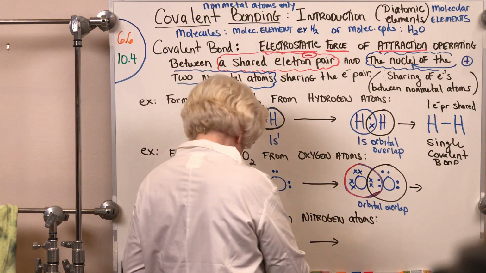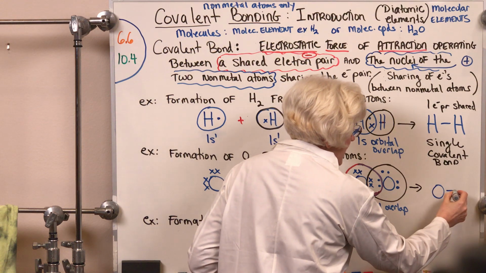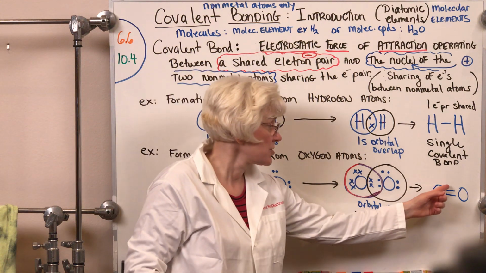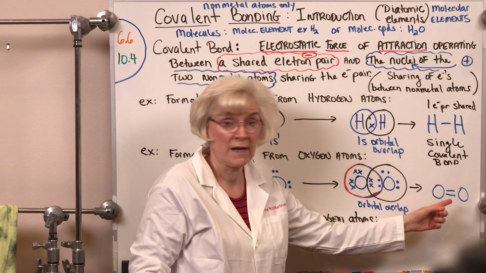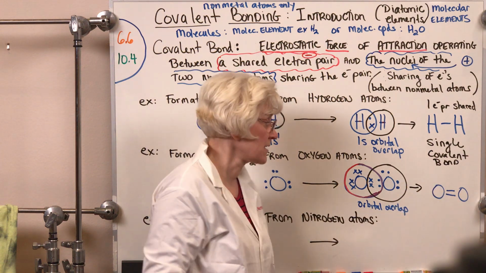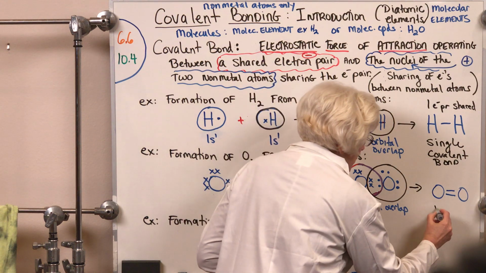Simplifying this picture, it's easier to write oxygen as a diatomic molecule showing two covalent bonds between the oxygen atoms, a sharing of two electron pairs. We call this a double covalent bond.